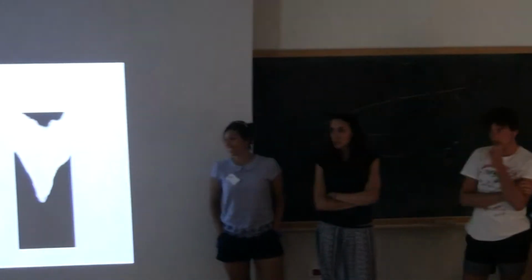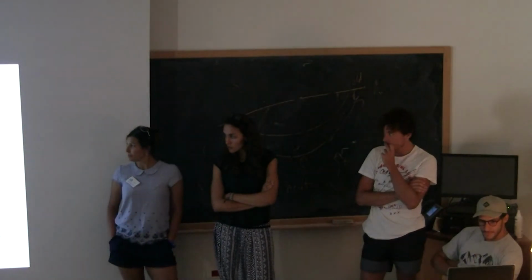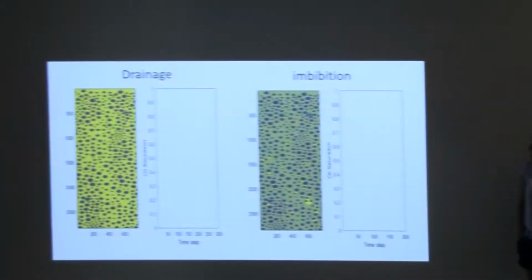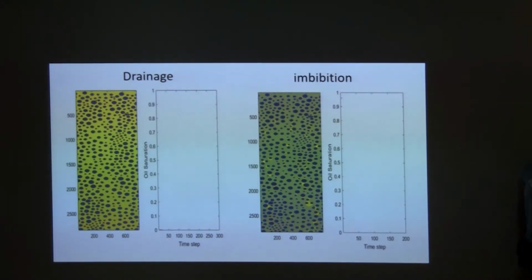Yeah, in the drainage you had something like 90% of recovery, I guess. We had like 9%, yeah. So basically, I think that in the real porous media the capillary length should be much higher, and the recovery should be much less.